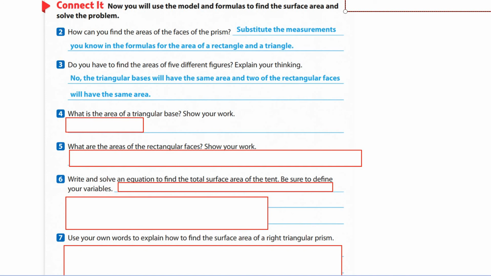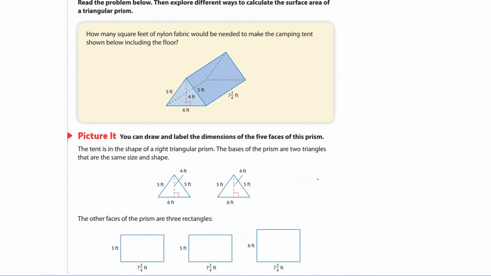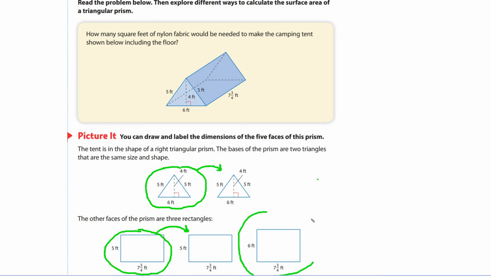So you only have to find the area of this triangle and multiply by 2, because there's 2 of them, then this rectangle and multiply that by 2, because there's 2 of them, and then 1 for this rectangle. That's the base, 6 by 7 3/4.